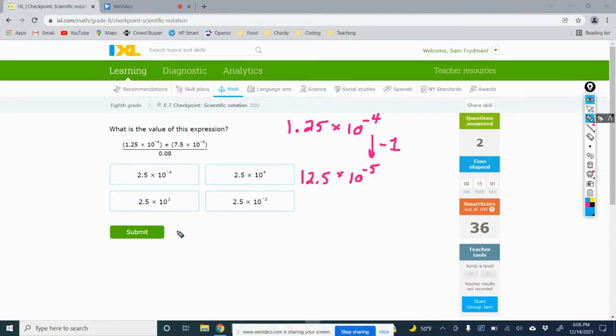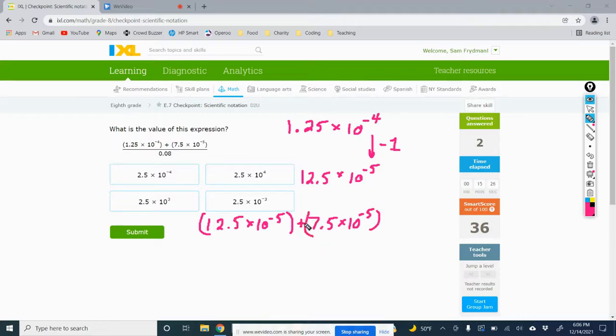So now I can rewrite the problem as 1.25 times 10 to the -4th. Oops, sorry. That's not what I wanted to do. I want to rewrite it as 12.5 times 10 to the -5th plus 7.5 times 10 to the -5th. Okay.